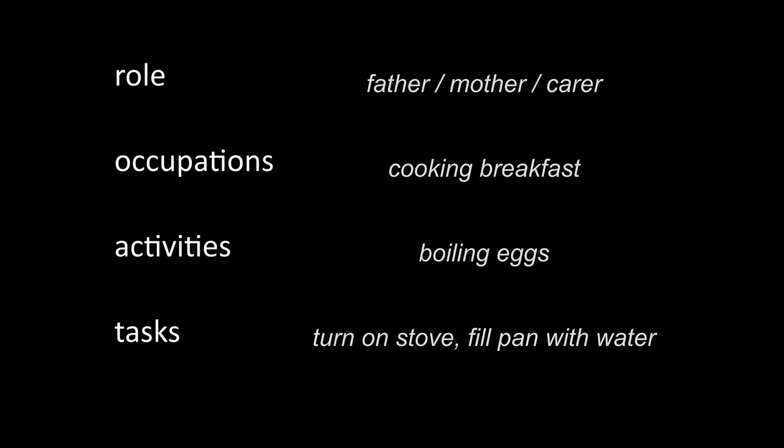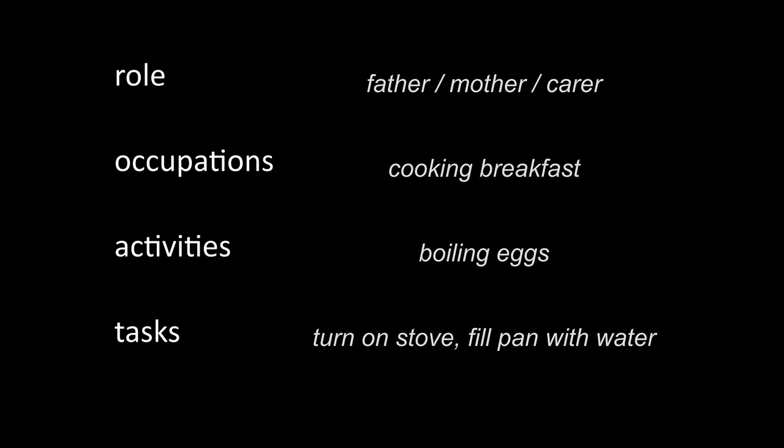The example they give in the book, I think, is really interesting because I think it clearly demonstrates all of those things. So first of all, the role is father, mother, carer. It could be a whole range of other things as well. The occupation, in this particular case, in the example they give in the book, is cooking breakfast.